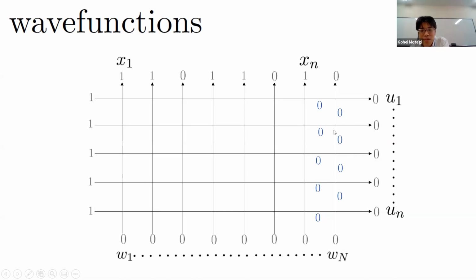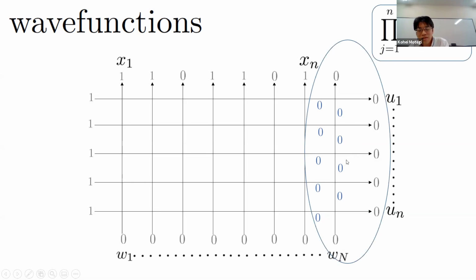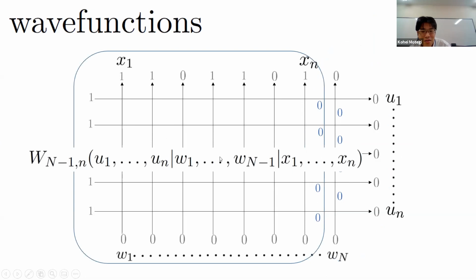Okay. And then you can easily check the contribution coming from this frozen part is this product, this overall factor. And then the remaining part, you can easily recognize that this remaining part is a wave function which has a smaller size, which has large n-1 columns.